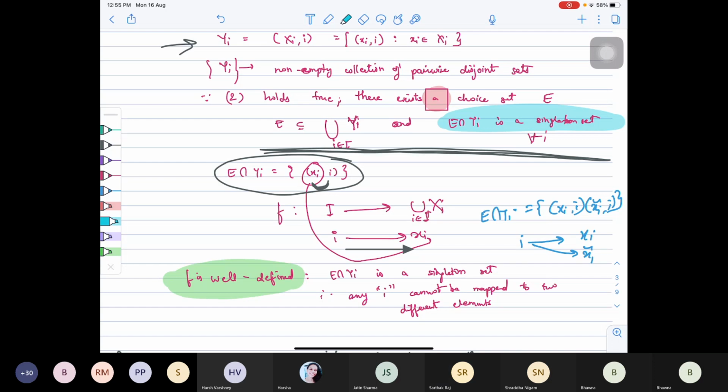Ma'am, how do we show that the digits after the decimal point are countable? No, it's not countable.